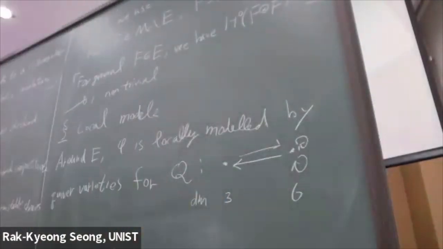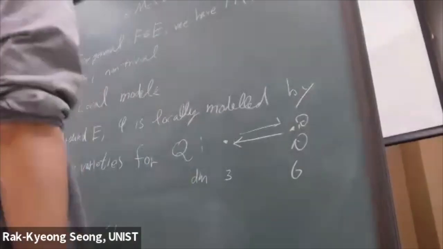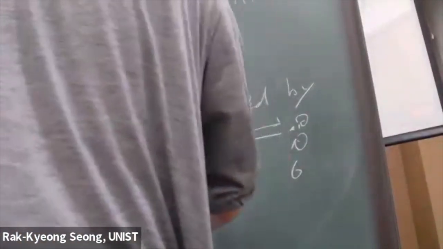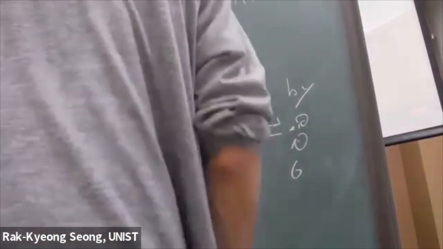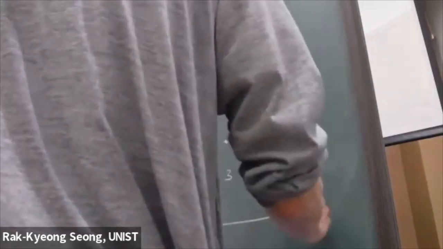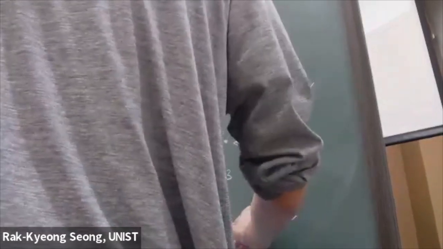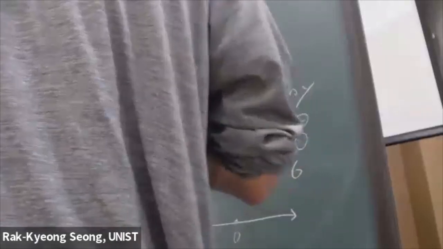Then in this case, the space of stability conditions is one-dimensional. So essentially, there are three stability conditions: the positive one, 0, and the negative one.